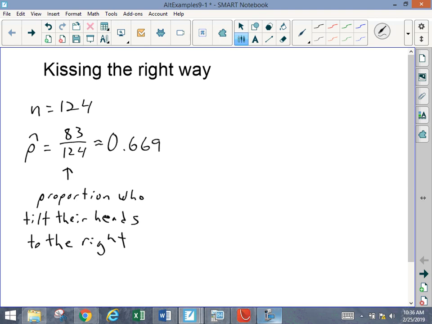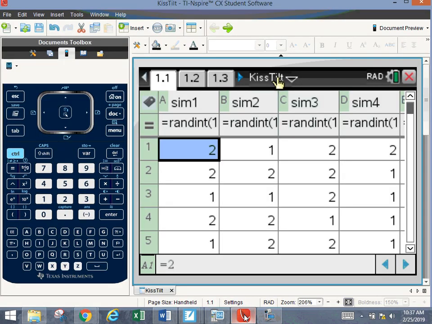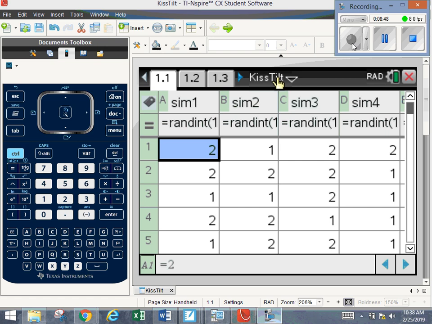So what I did was I wrote a program, or made it so that our calculator will run this scenario. I made a simulation for it.